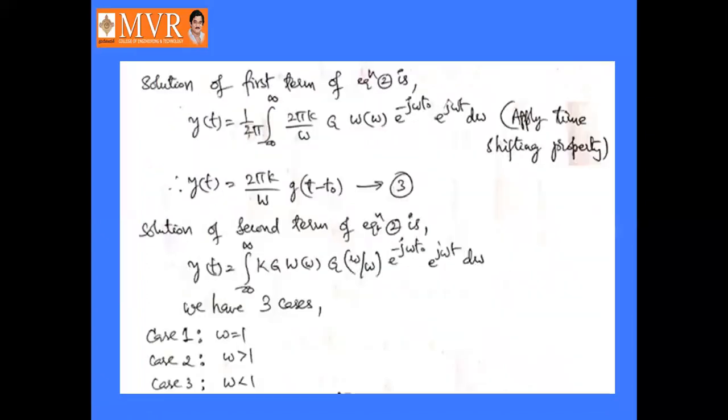So y of t becomes 2 pi k by omega into g of (t minus t naught) minus k into sinc of (t minus t naught) by 2, and similarly 2 pi k by omega into g of (t minus t naught) minus k omega into sinc of omega (t minus t naught) by 2 for omega greater than or equal to 1, from equations 3 and 6. This is the response for the given problem.